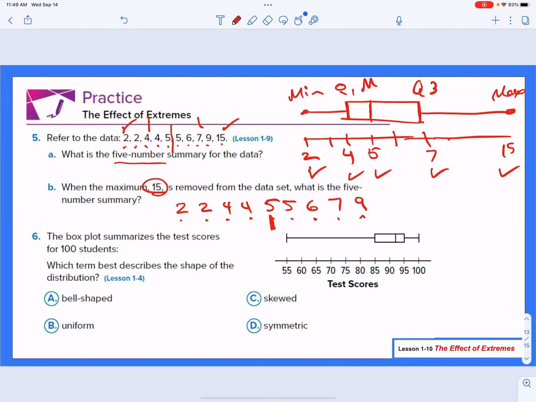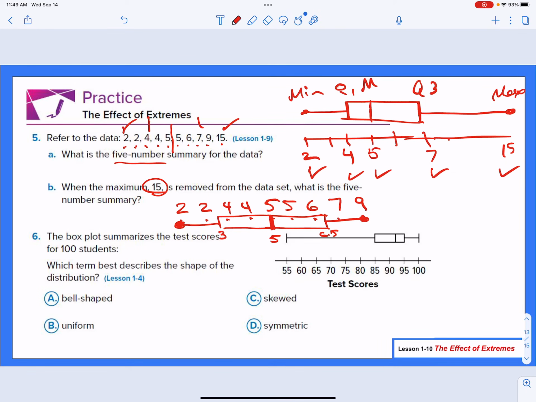So there's my middle term there. The split here is going to happen at 3, between 2 and 4. The split here is going to happen at 6.5. And my extreme values are 2 and 9.